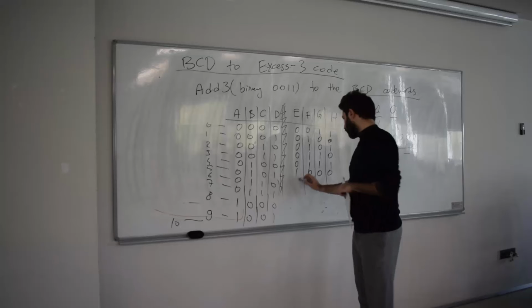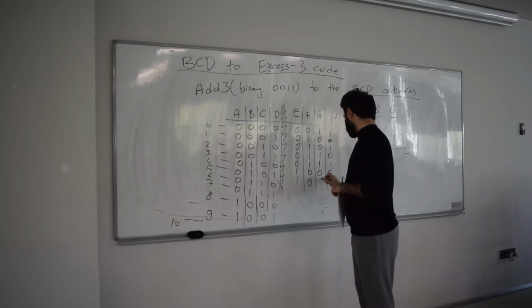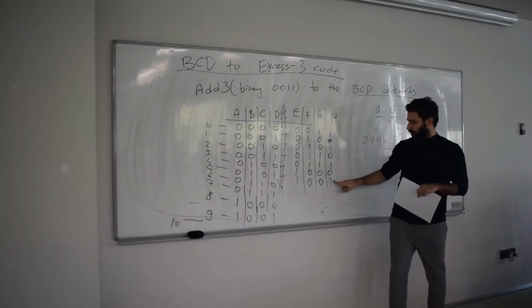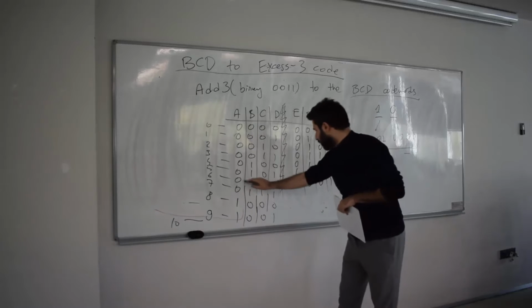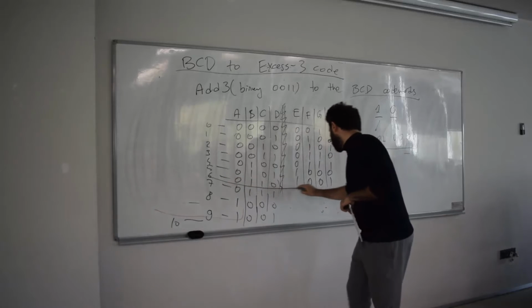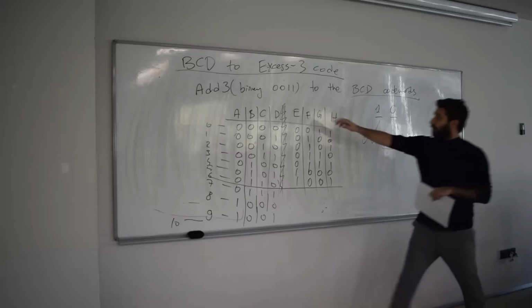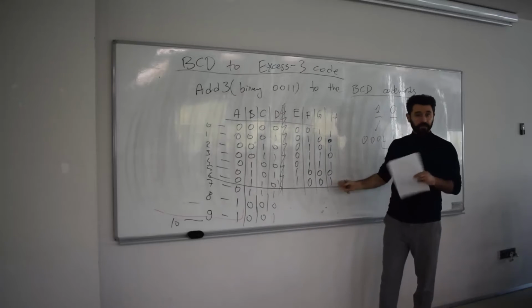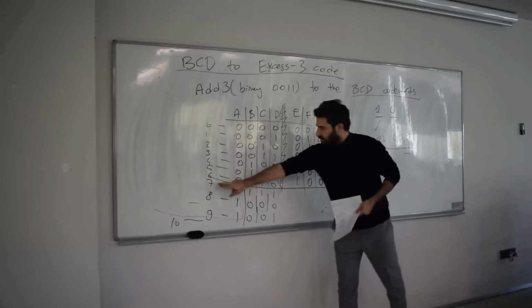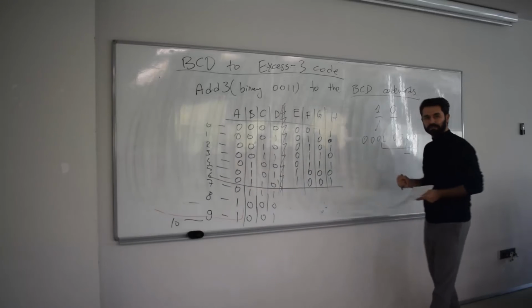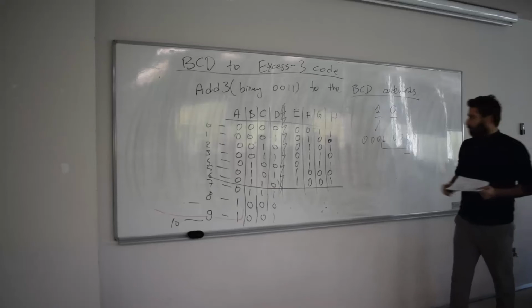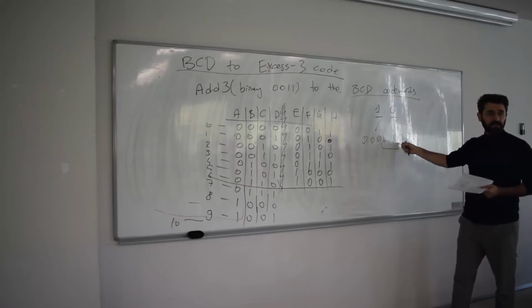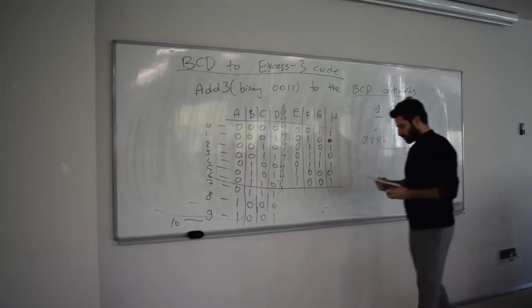And you got 1, 0, 0, 1, which is 9, which you get by adding 6 to 3. Okay? Now, if you add 7 and 3, what do you get? You get 10. But I know that 10 is represented this way, right?